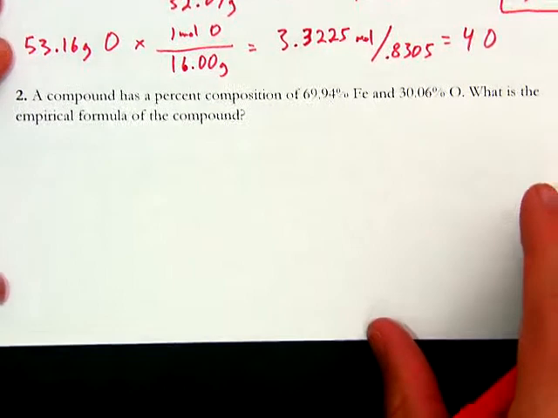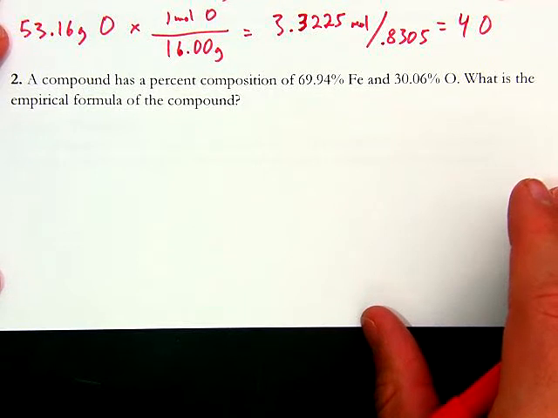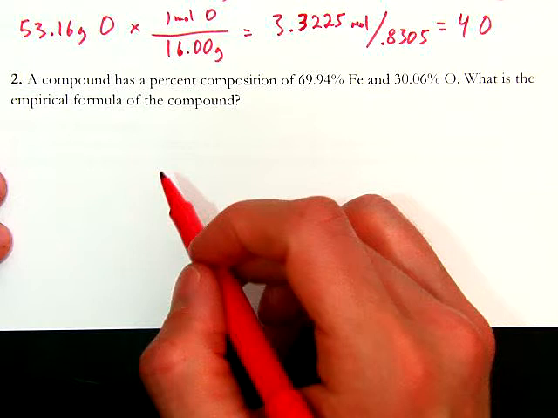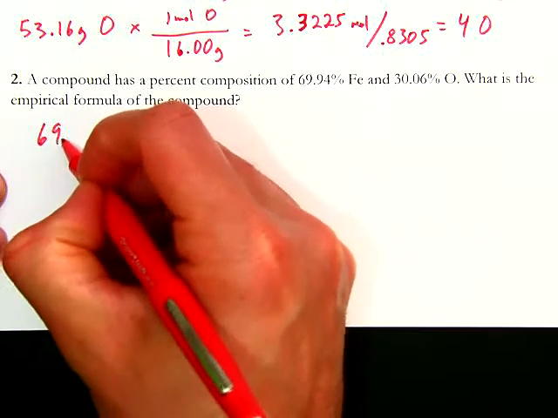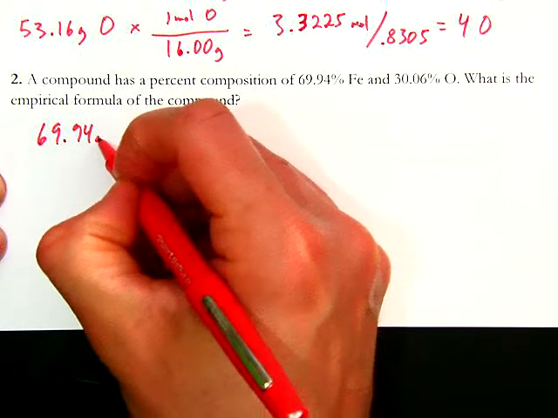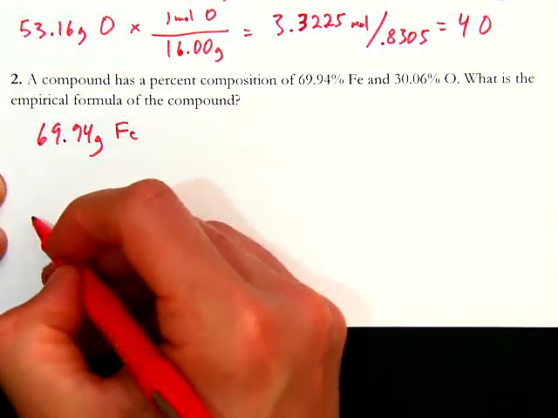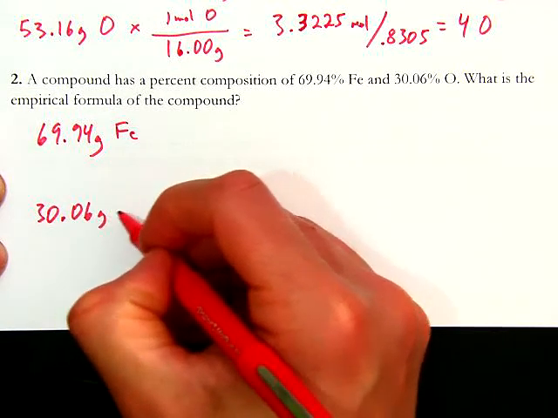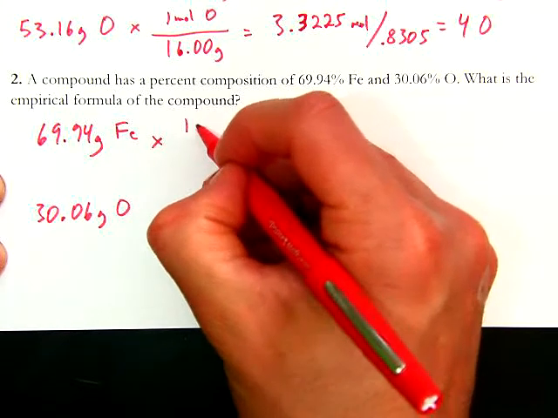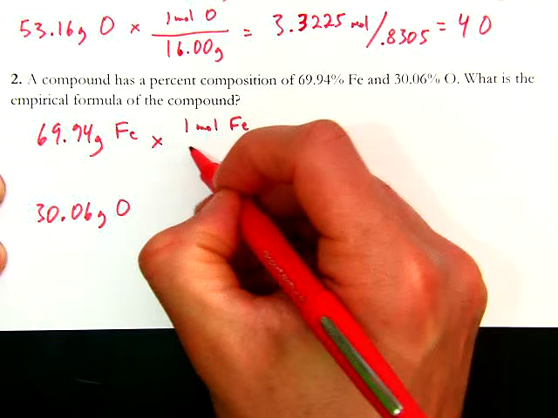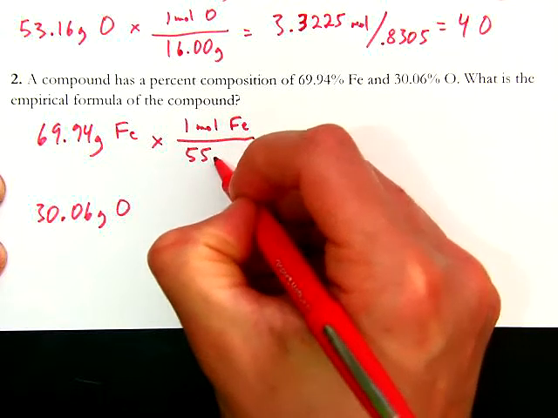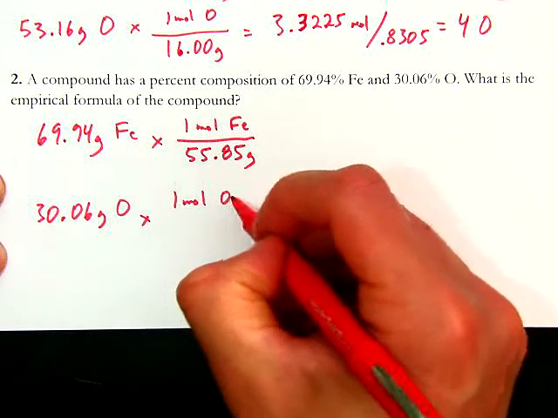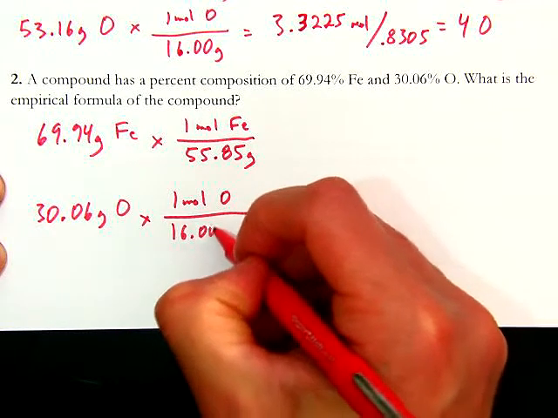We'll do another. So this one just has 2, and this is actually a little bit of a different problem. I did this one on purpose so that you would see something else that happens sometimes. So we have 69.94 grams of iron, and we have 30.06 grams of oxygen. Now, 1 mole of iron, if you look on the periodic table, iron is 55.85 grams per mole, and 1 mole of oxygen is 16 grams per mole.